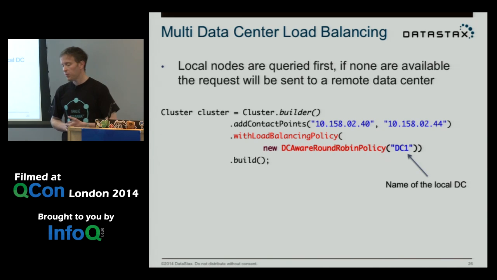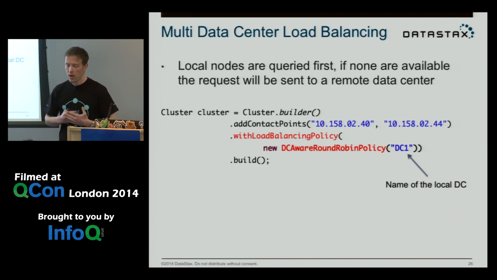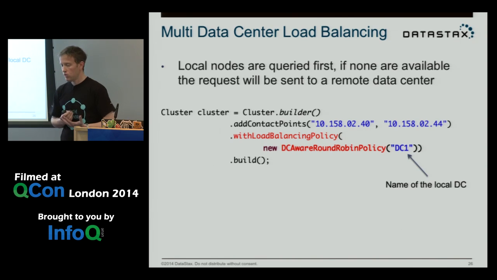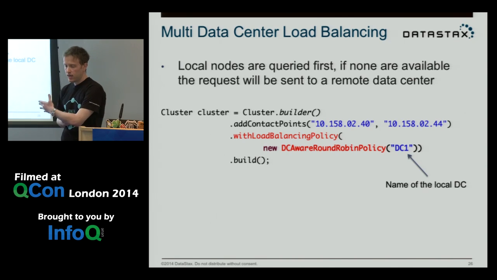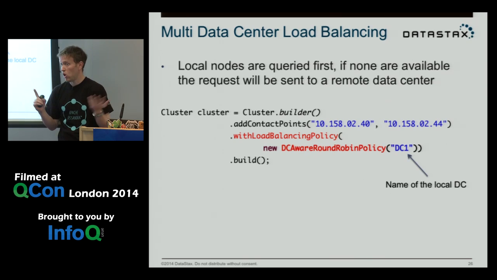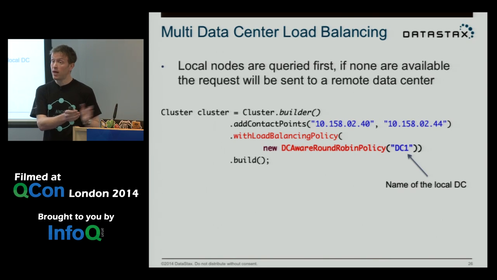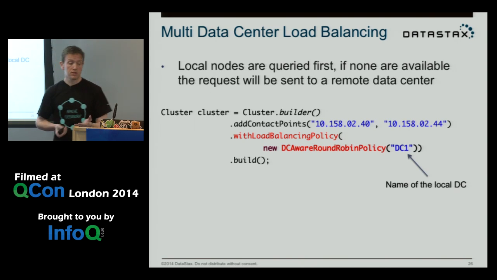And what will happen there is if, for whatever reason, when you try to execute something against that local data center, it's not available, or maybe it's slow, maybe it's timed out, it will switch over to a remote data center and execute the query against there instead.